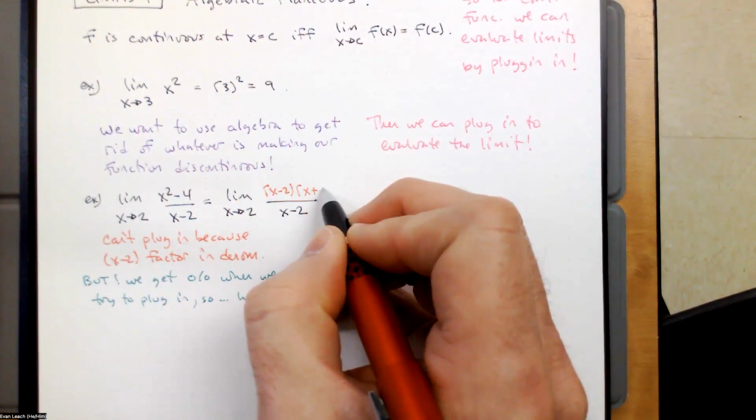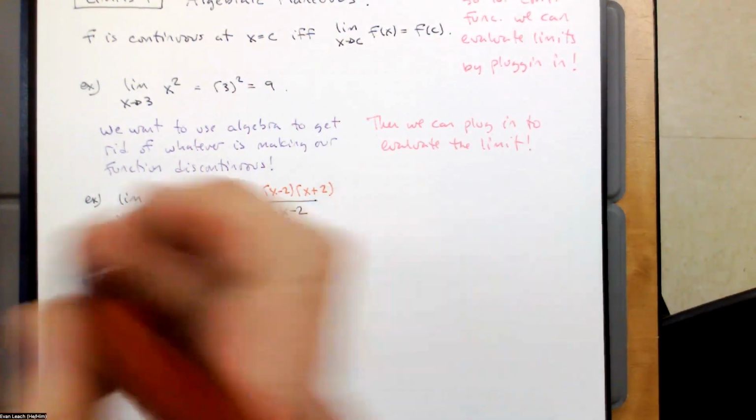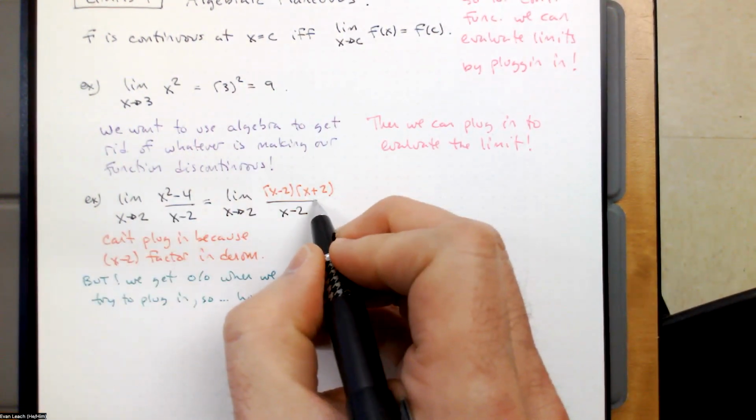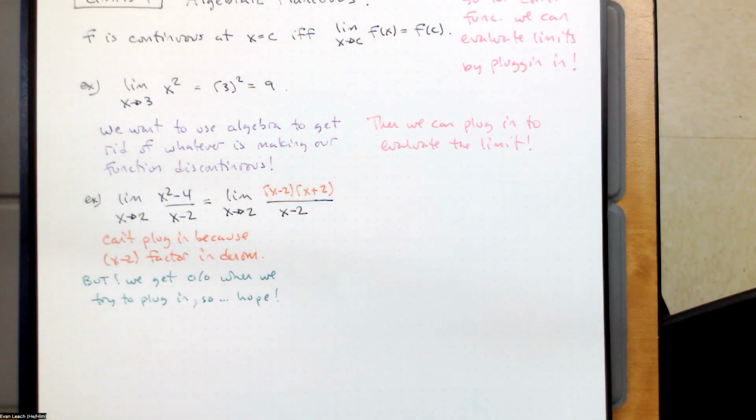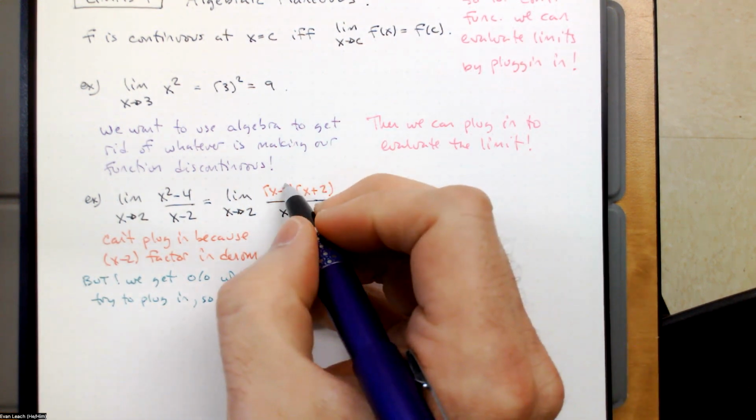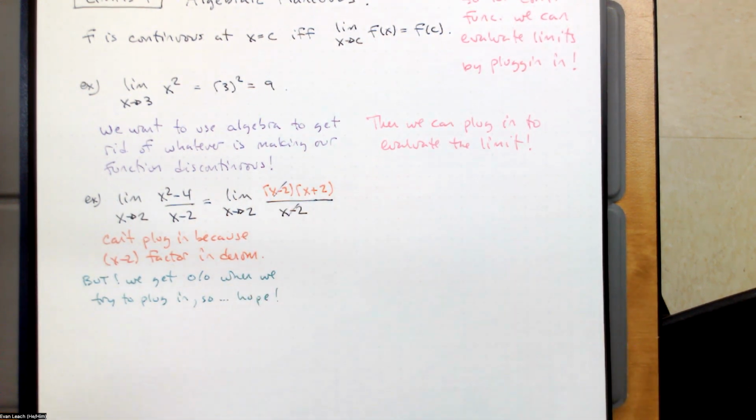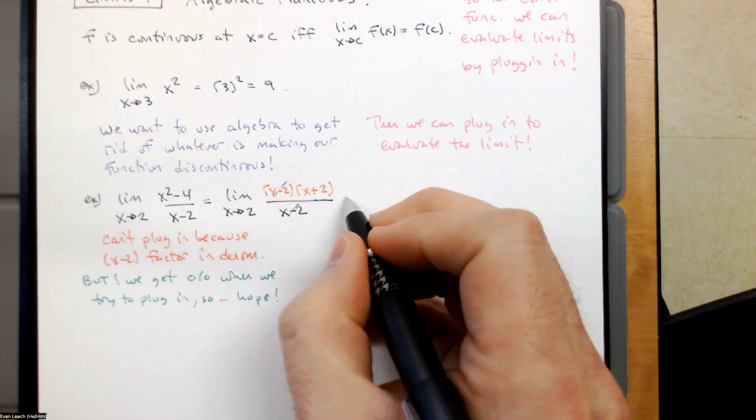That's telling us that there is a common factor in the numerator and the denominator in this rational function. So we can actually get rid of what's causing the problem. X minus 2 is the problem. We can get rid of that.